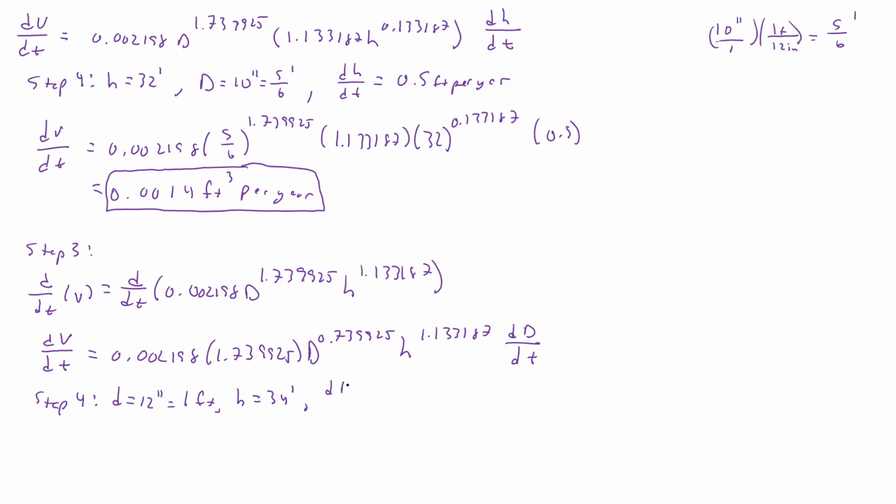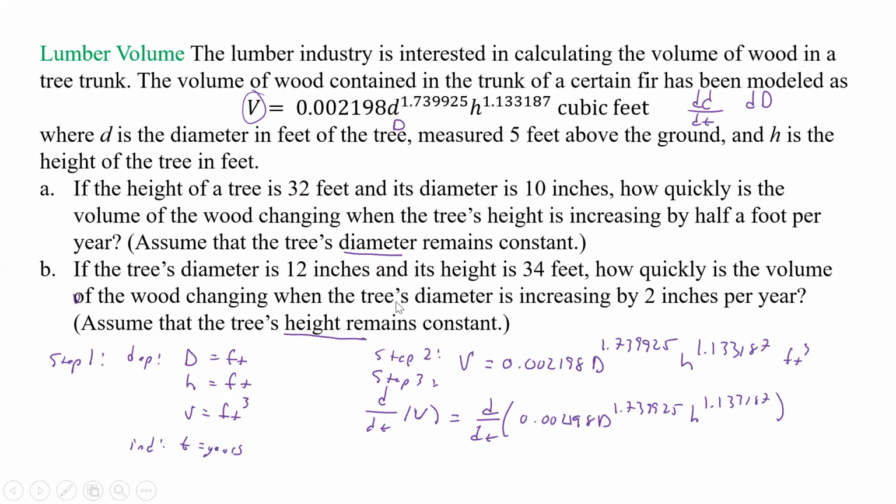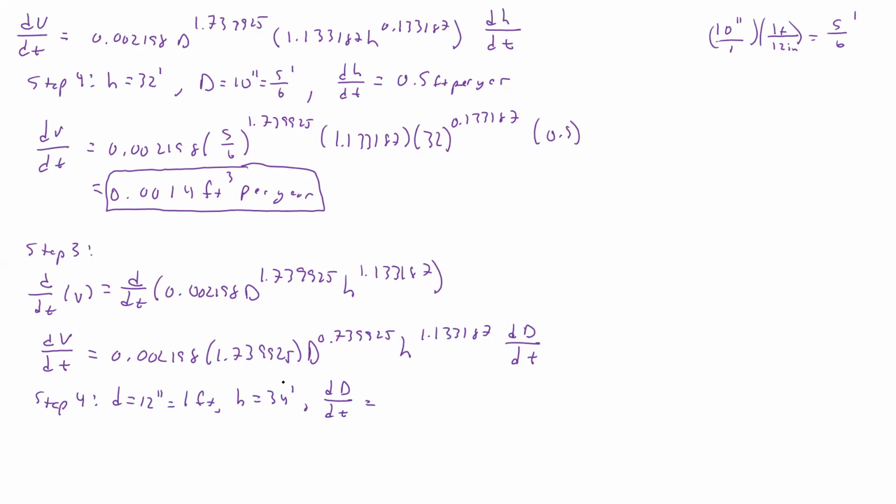And dD/dt is equal to what? Diameter is increasing by 2 inches per year. All right, so 2 inches per year, and if we say 12 inches per 1 foot, that's going to be 1/6 of a foot per year.